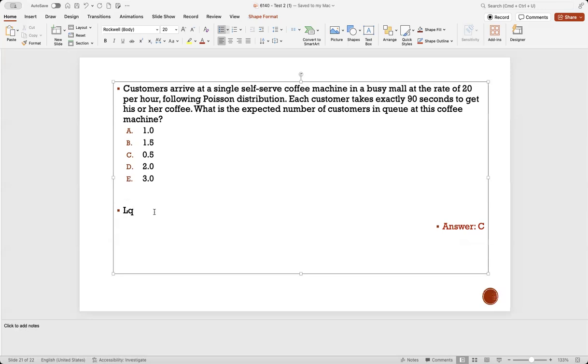You need to use that function, and you need to figure out what lambda is and what mu is.